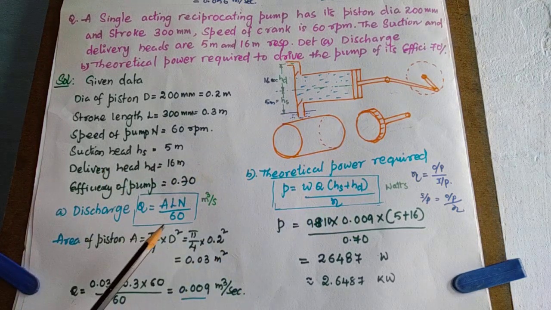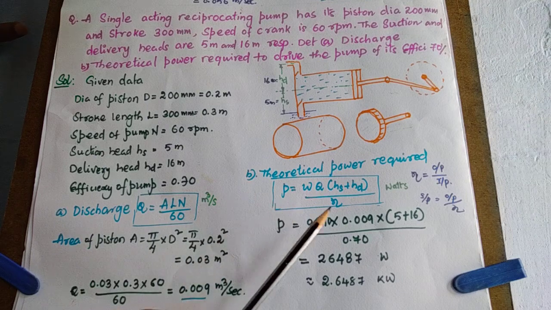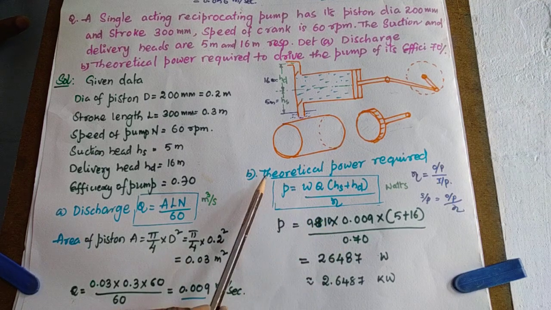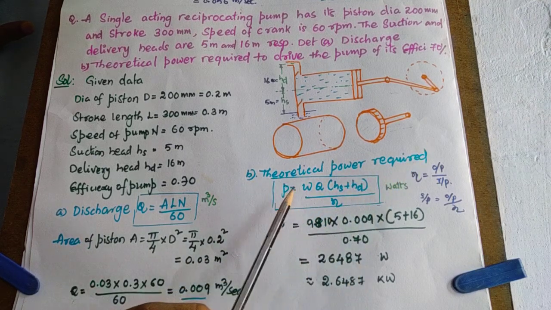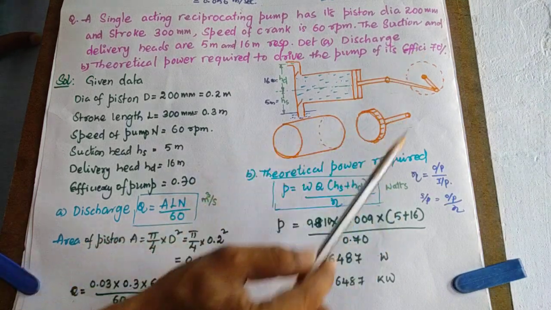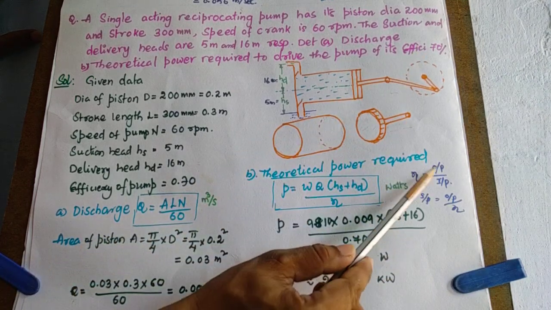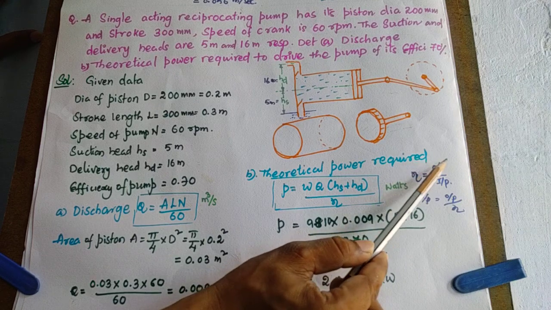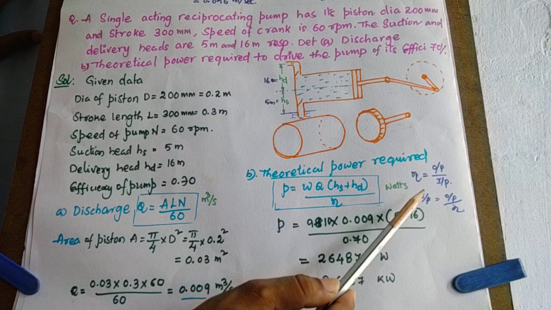So go for the formula, that is, theoretical power required. We know that to find the efficiency, simply efficiency equals output by input.